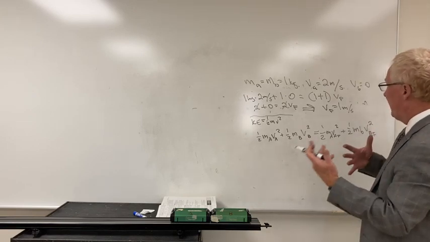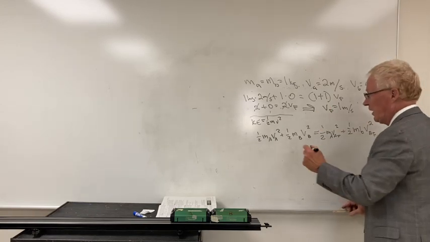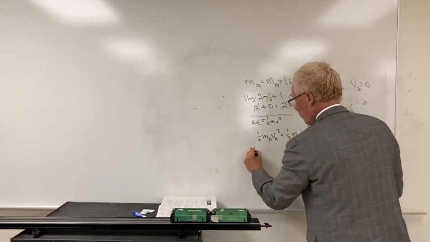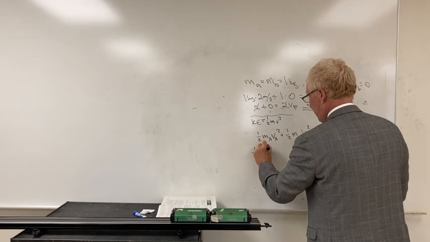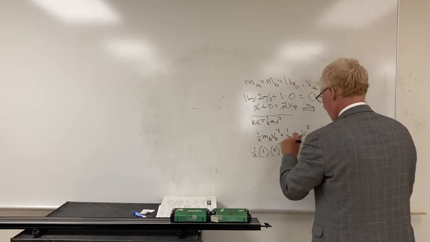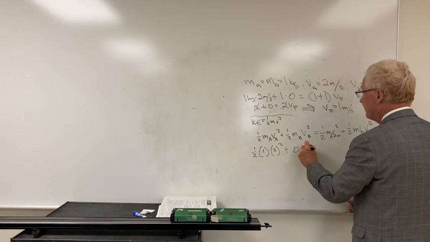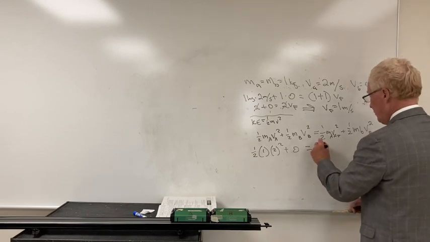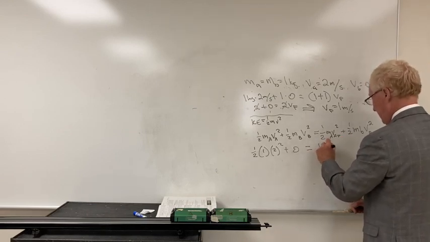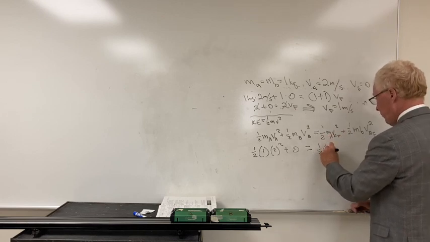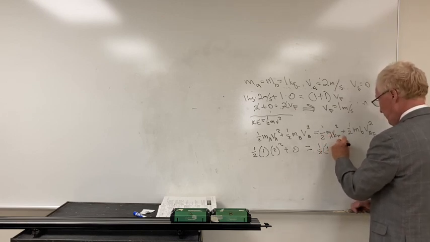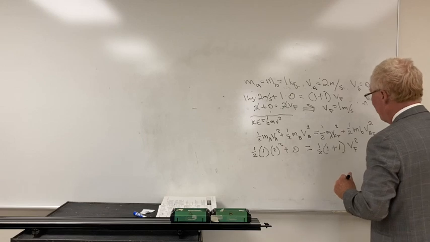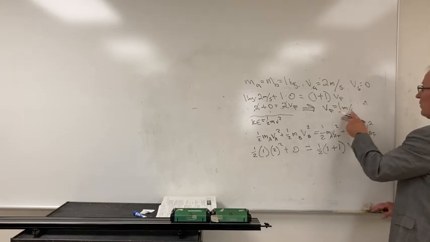Again, momentum before and after were the same. Mass is 1 kilogram, initial velocity is 2 meters per second. So this will be 1/2 times 1 times 2 squared plus 0. And then afterwards, they stick together, so this will be 1/2 times, since they both have the same velocity, 1 plus 1 times V final squared, which in this case was 1 meter per second.